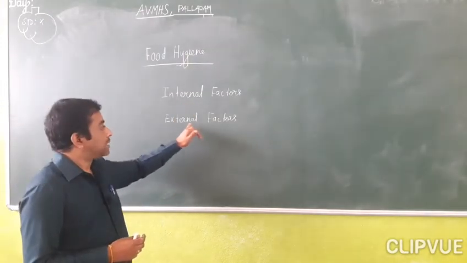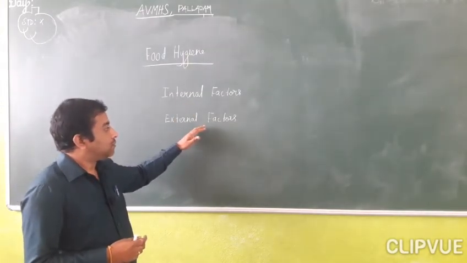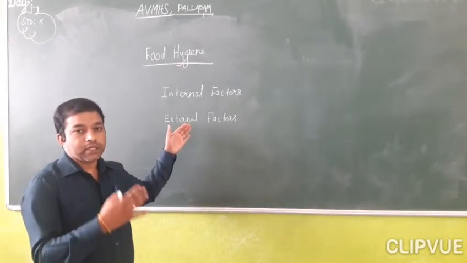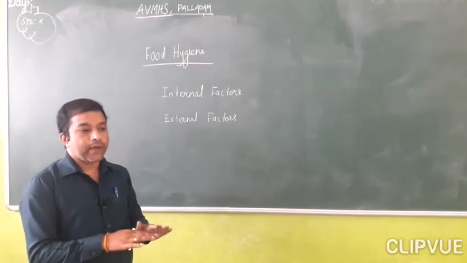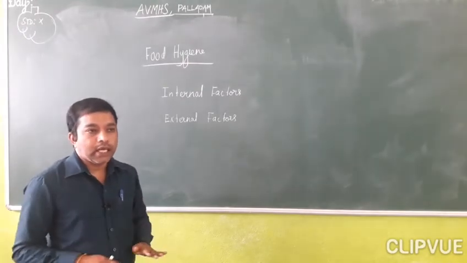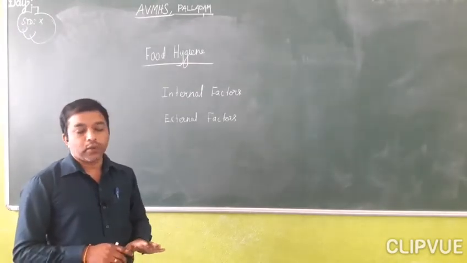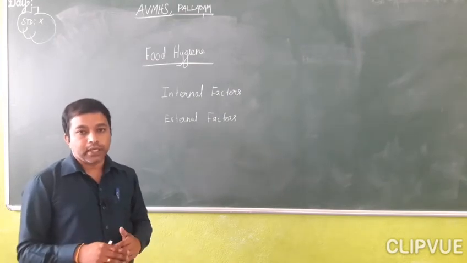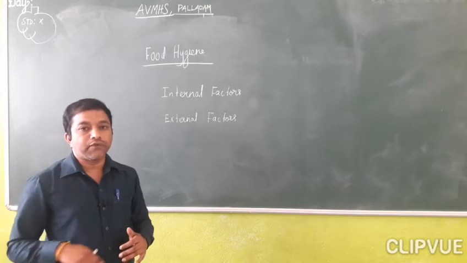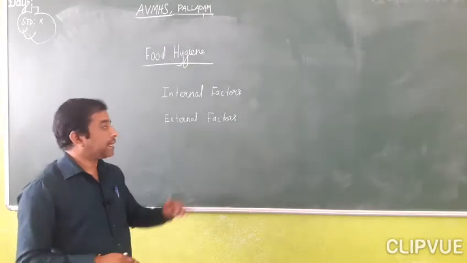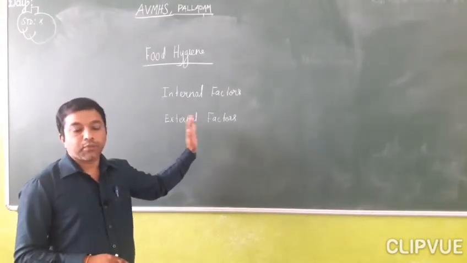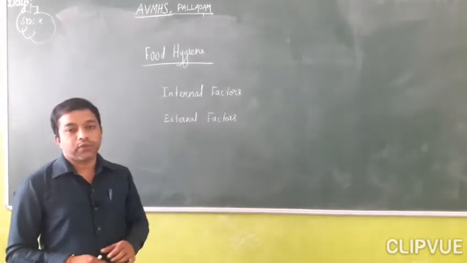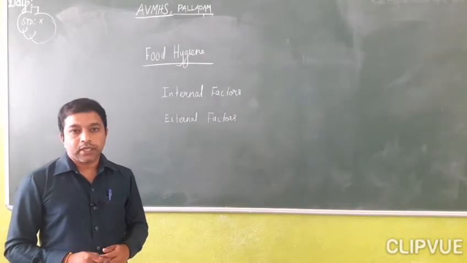And if you take external factors, the way of making food: sometimes we do not cook properly, the place where we cook is not proper, and the utensils or vessels we are using are not cleaned properly. These are the reasons why food gets externally spoiled. So, understood about food hygiene and the factors which affect the food? Clear?